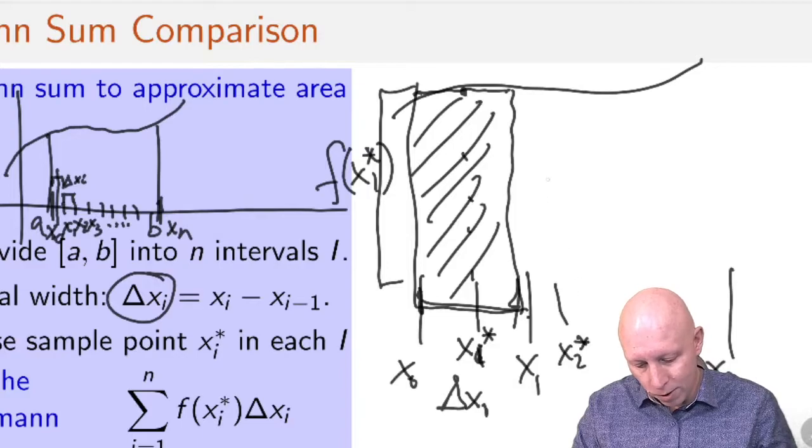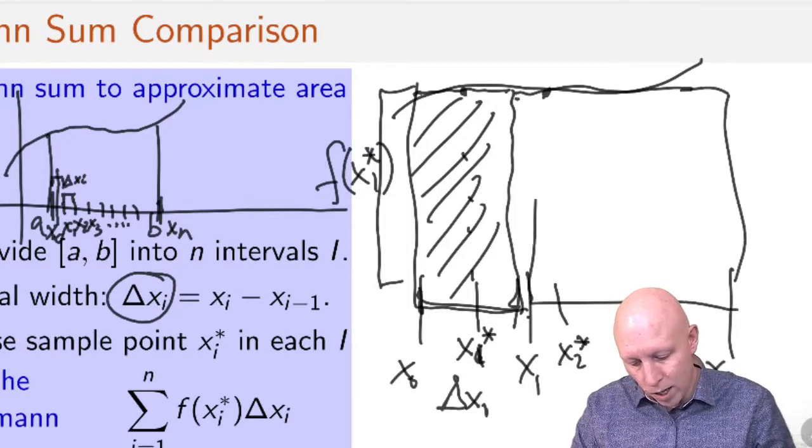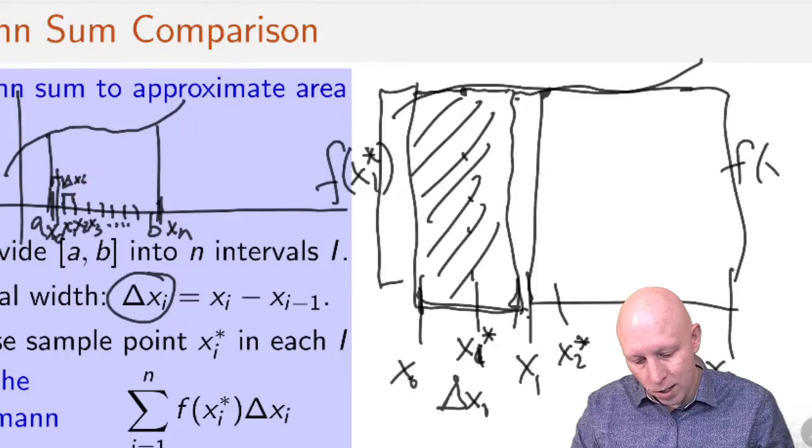And so we do that for each of our regions. For x2, we also do this. We get f of x2 star, and the width here is delta x2.